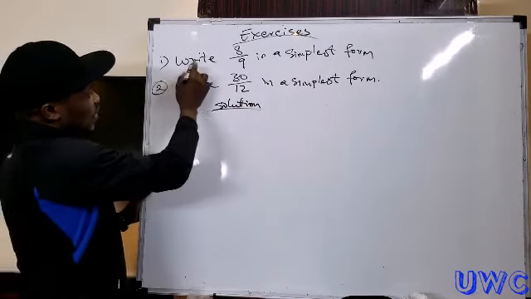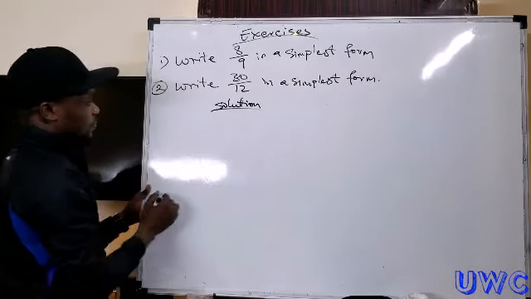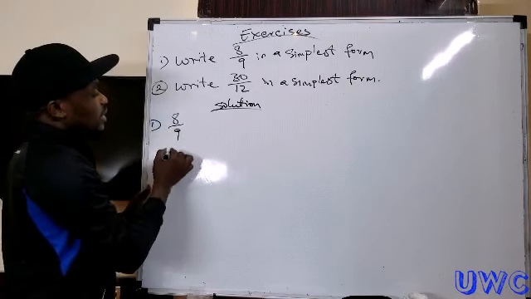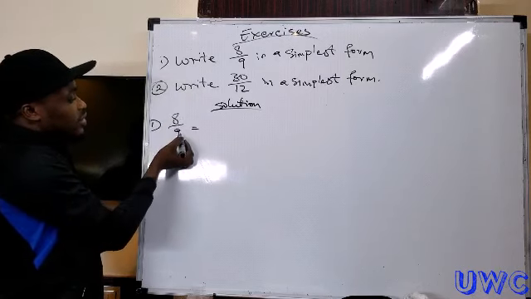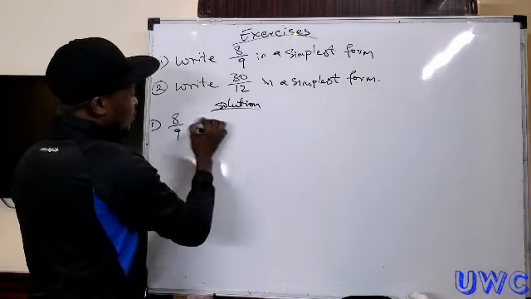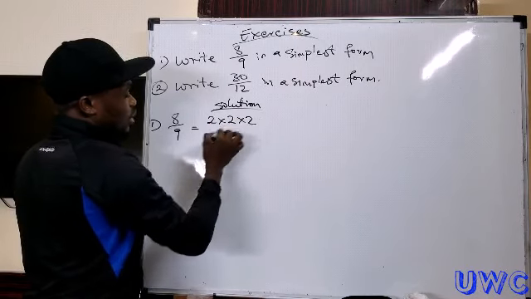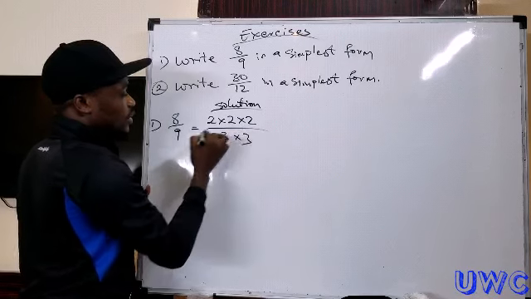The first one says, write 8/9 in its simplest form. Number one, 8/9 in its simplest form. So what you now do is to find the factors of 8 and the factors of 9. Factors of 8: 2 multiplied by 2 multiplied by 2 will give us 8, and 9 is 3 multiplied by 3.